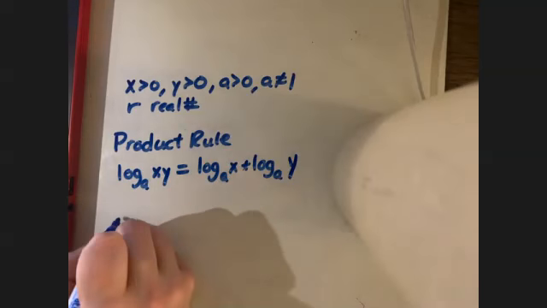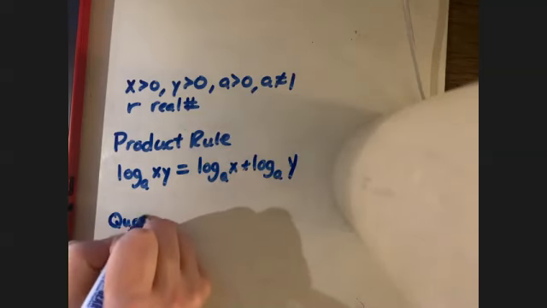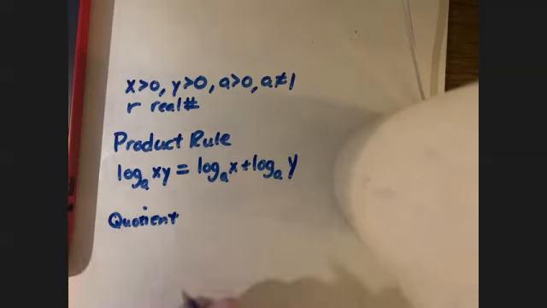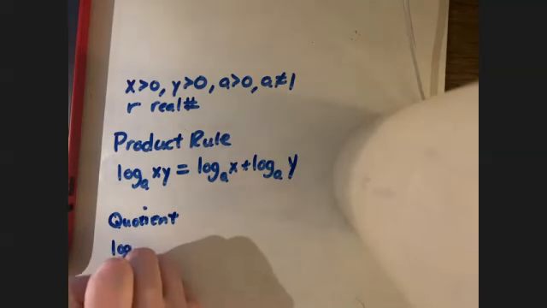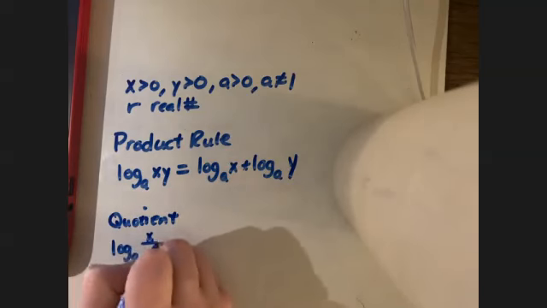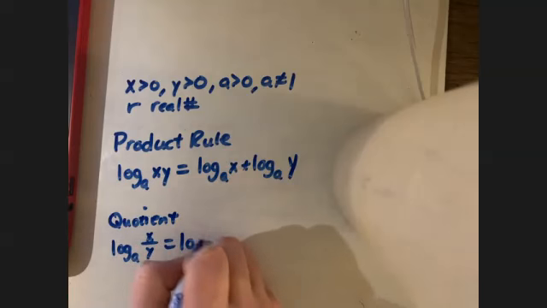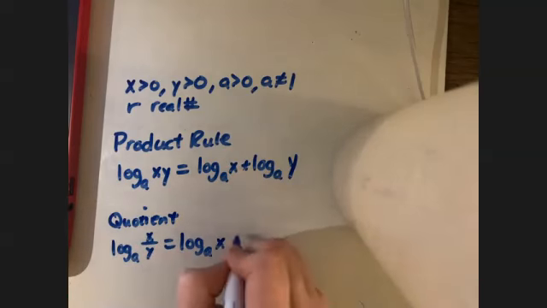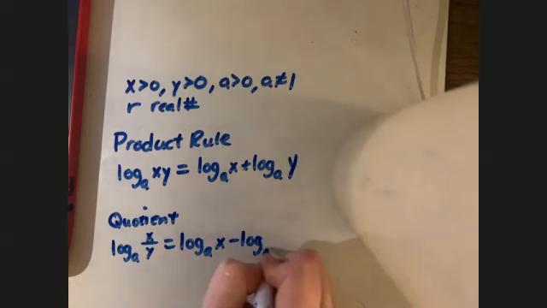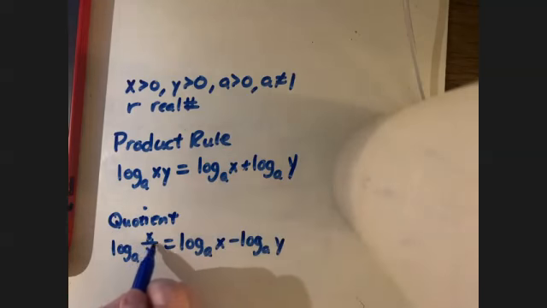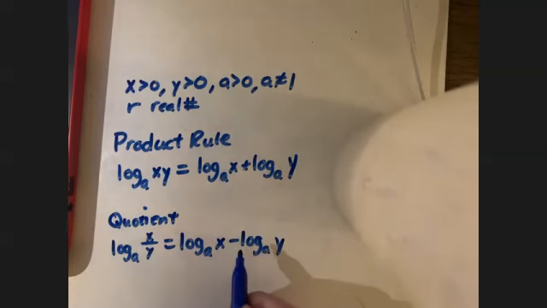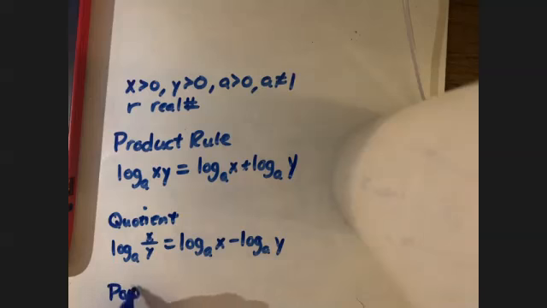Now, we also have the quotient rule, which says log base A of x over y equals log base A of x minus log base A of y. And I see that fraction bar, and it reminds me kind of a subtraction symbol, so I remember that those two go together. Then we have the power rule.